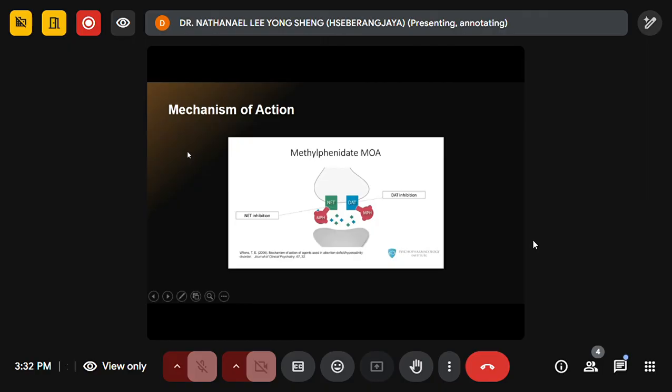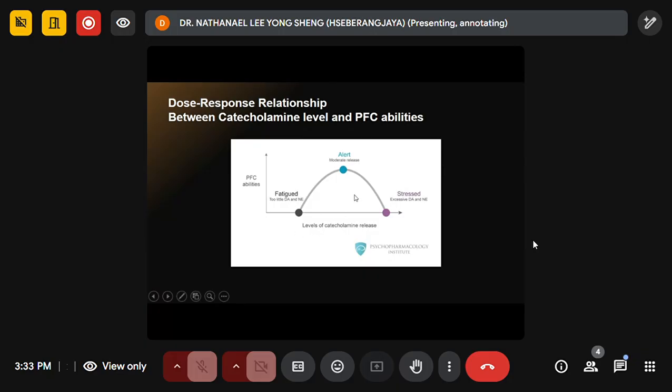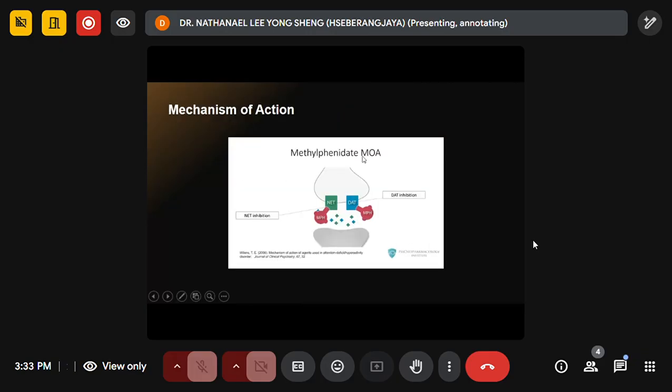So this explains why methylphenidate can work for people with ADHD. As we have explained earlier, in ADHD, usually people have a deficit in the levels of both of these catecholamines. So the mechanism of action of methylphenidate is to inhibit the transporters of both norepinephrine and dopamine.